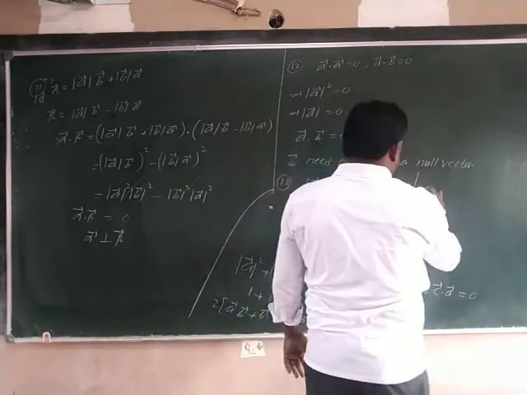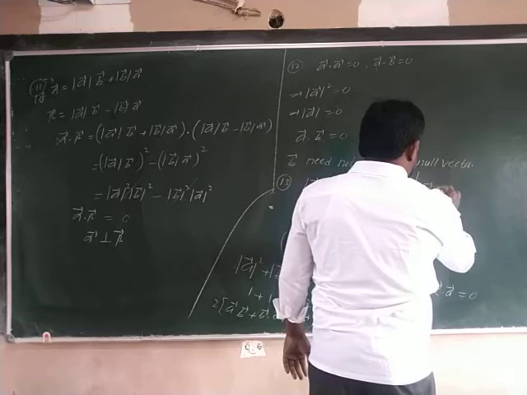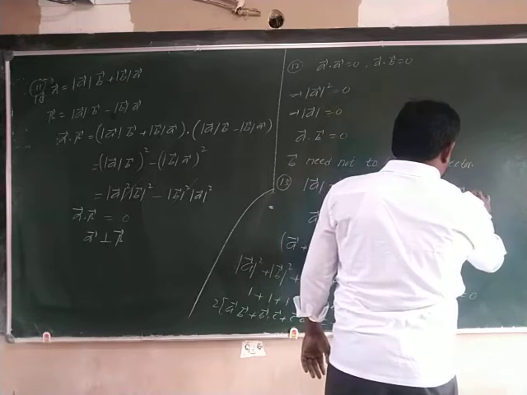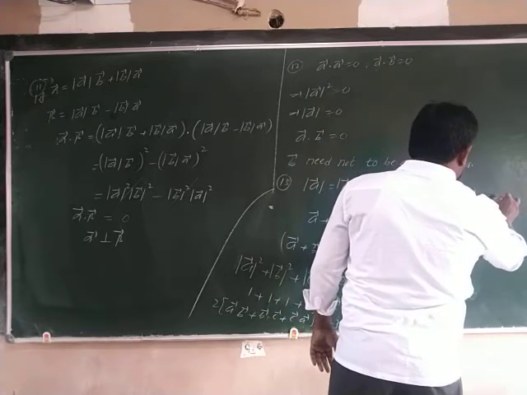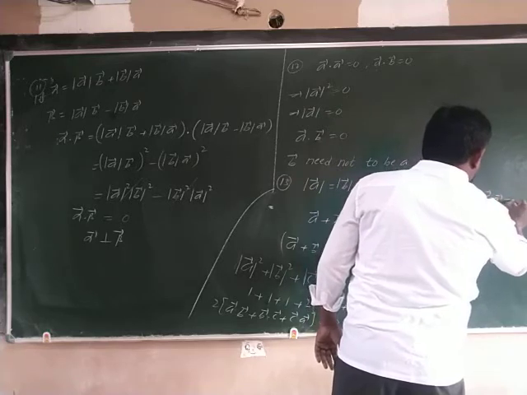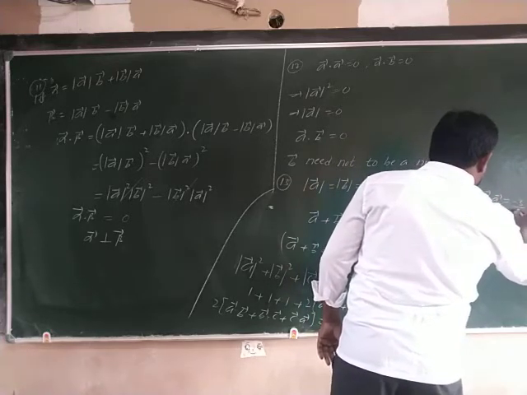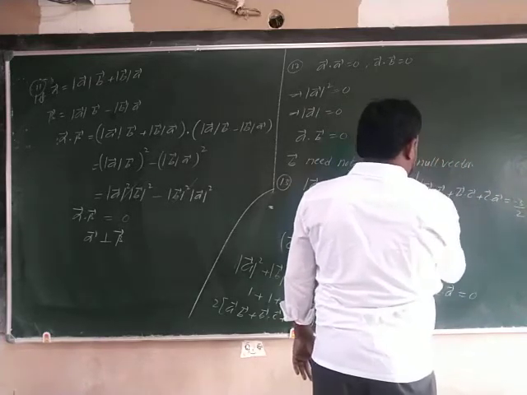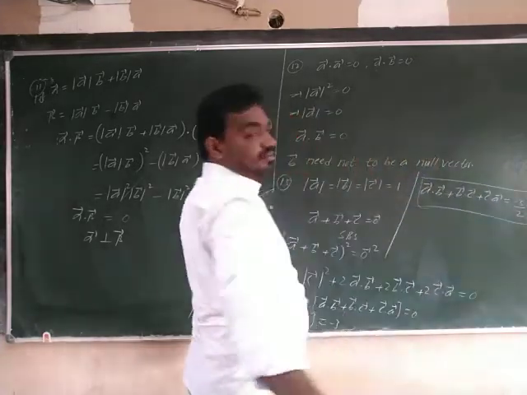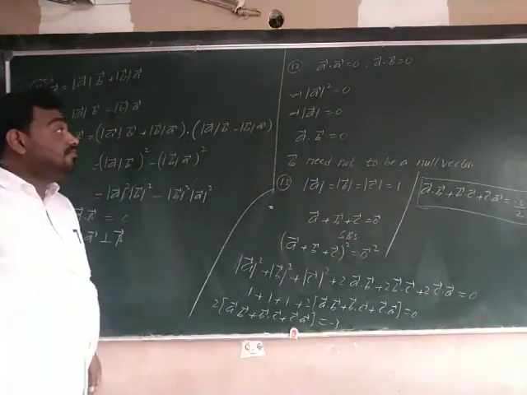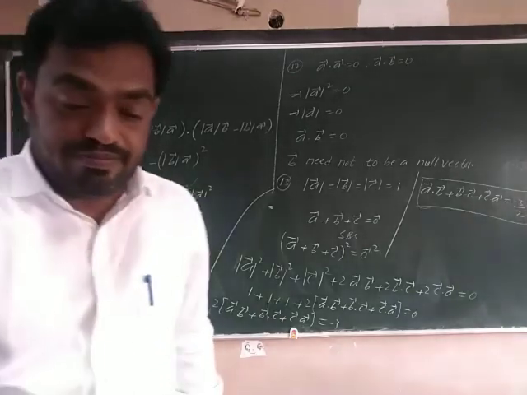Therefore, a dot b plus b dot c plus c dot a is equal to minus 3 by 2. This is our answer. This is question number 13.